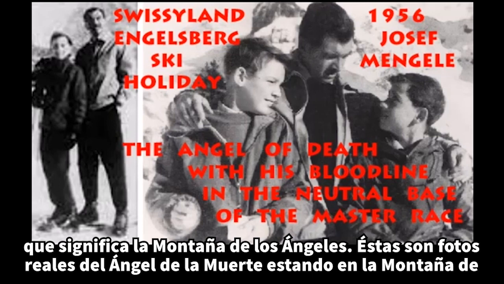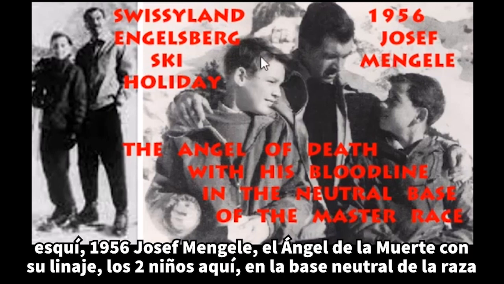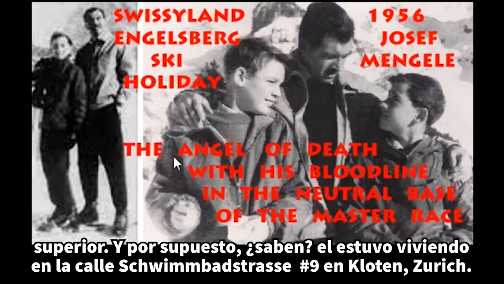So these are real pictures of the Angel of Death being on the mountain of the angels. They just smear it into our faces. And so here it says, Swaziland, Engelsberg, ski holiday, 1956, Josef Mengele, the angel of death, with his bloodline, you know, the two kids here, in the neutral base of the master race.